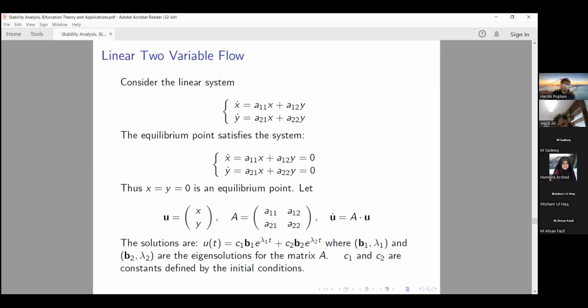If you find the determinant of A, you will have a quadratic in lambda, so there will be two lambdas. B2 and lambda 2 are the other eigensolution of this matrix, and C1, C2 are constants defined by the initial conditions.